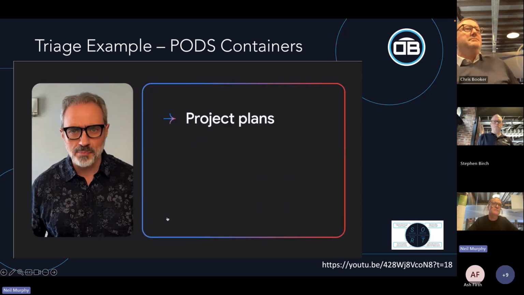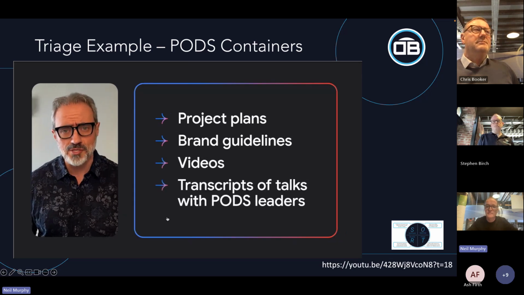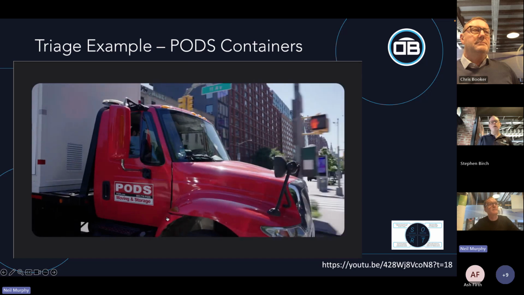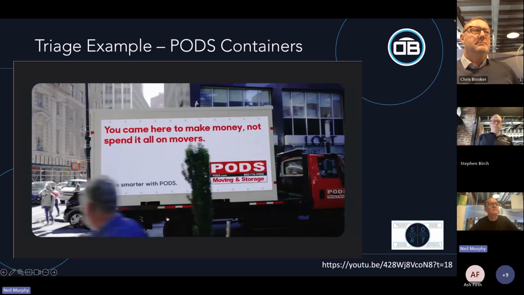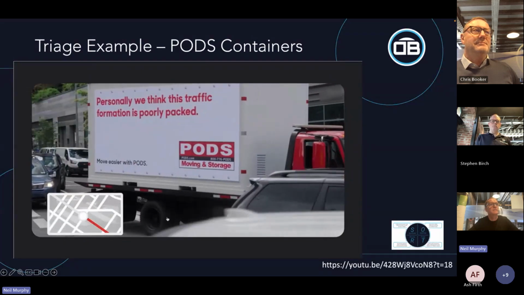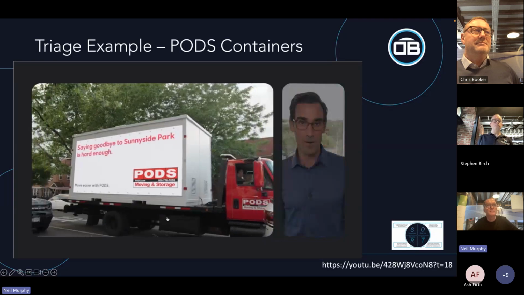We uploaded project plans, brand guidelines, videos, even transcripts of talks with Pods leaders. Then we asked Gemini to write unique headlines for each neighborhood. And using Google Cloud, we brought in real-time information like time, weather, subway delays, and traffic conditions. The result, a dynamic billboard that actually feels like it's part of the city.